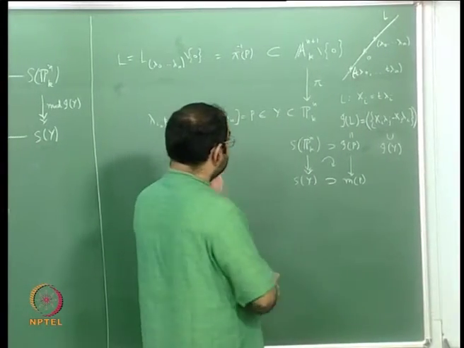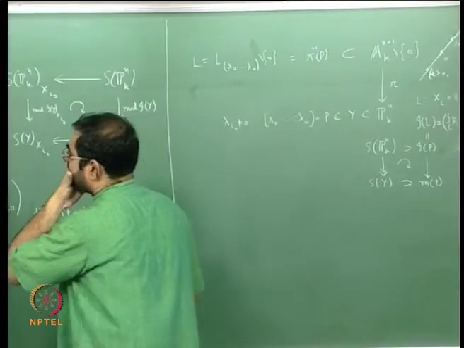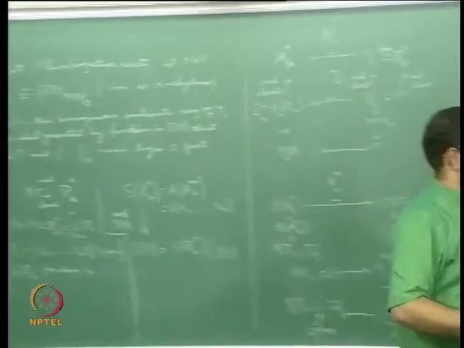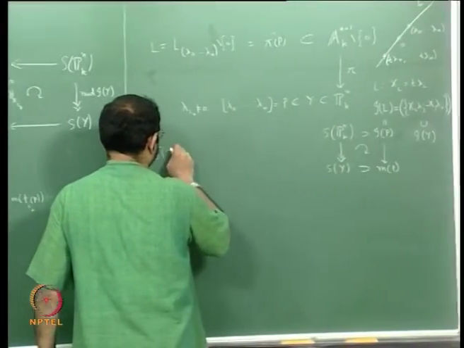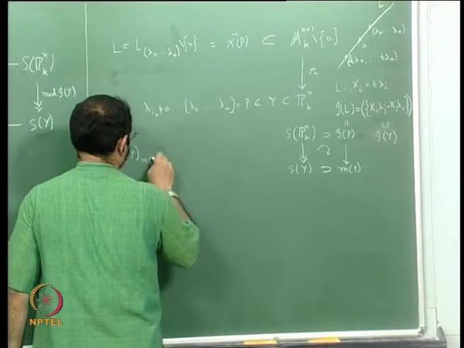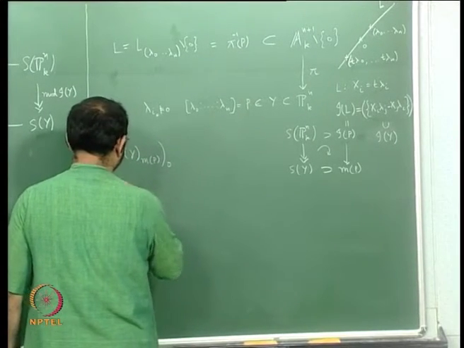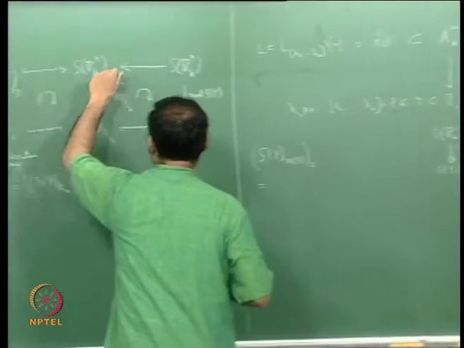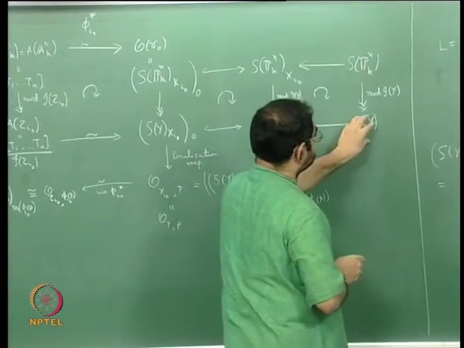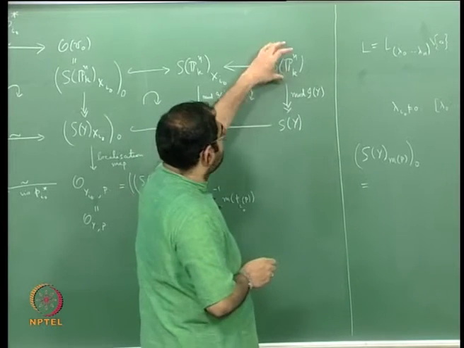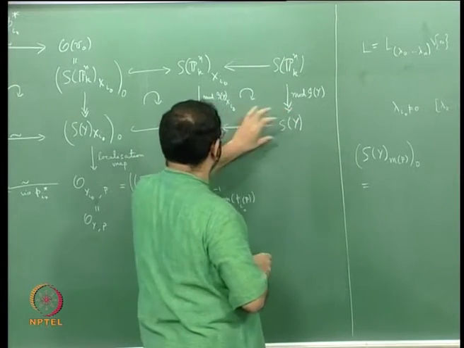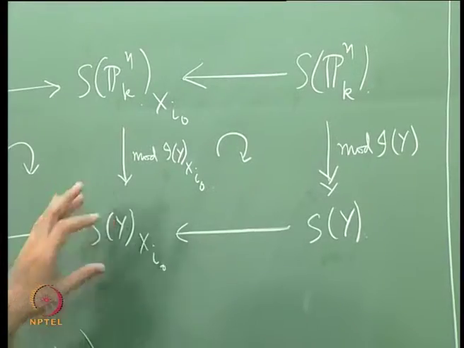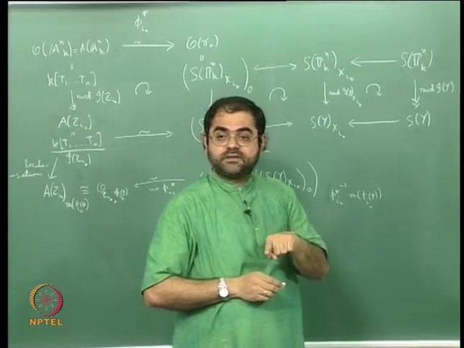Now if you try to calculate what this quantity is, it is just S_y localized at M_P0. What I am doing is taking a quotient by an ideal and then localizing. But I already told you that localization commutes with quotients.